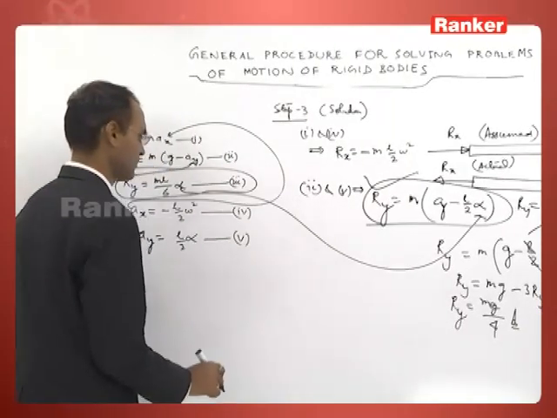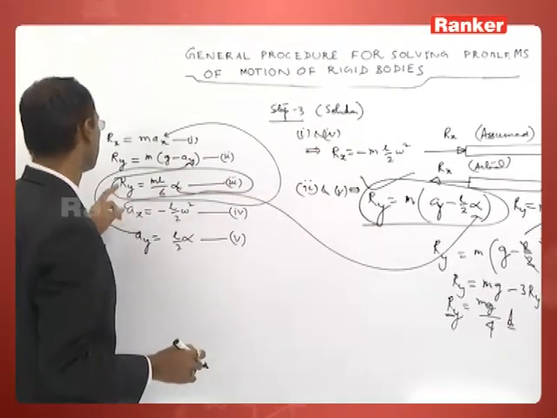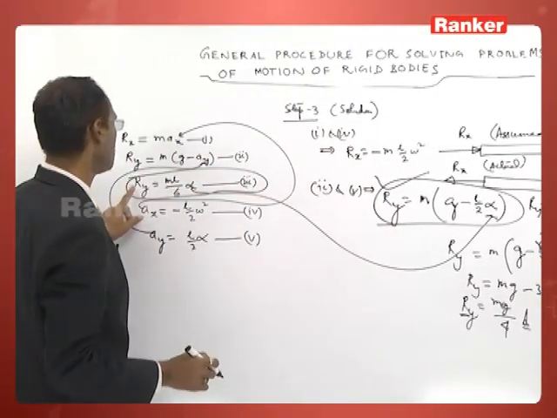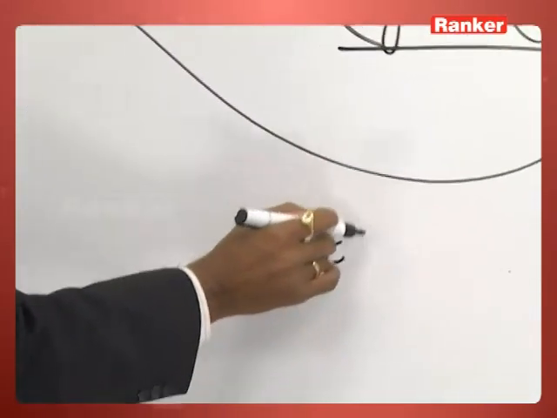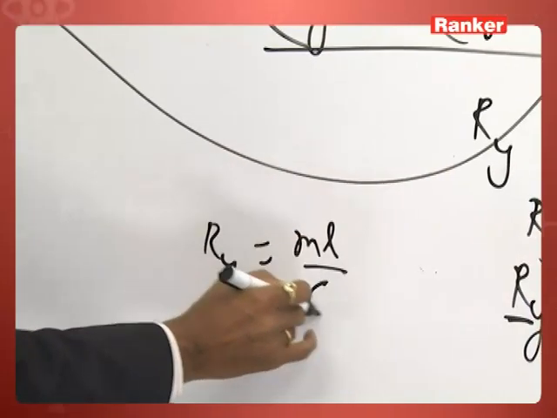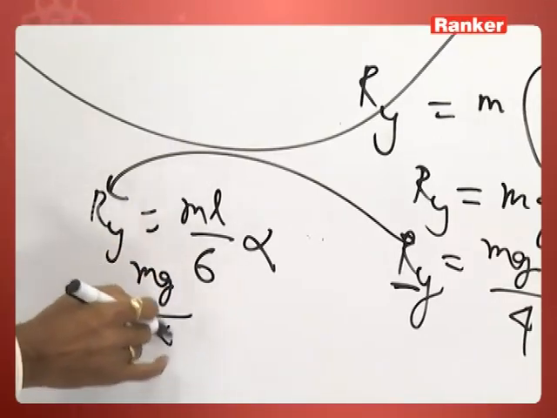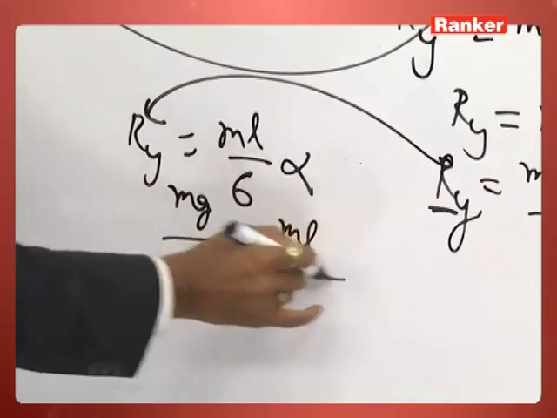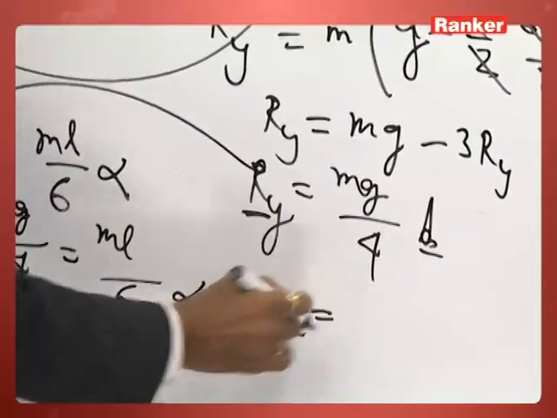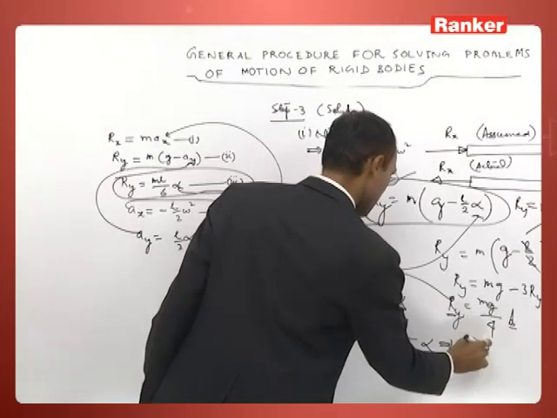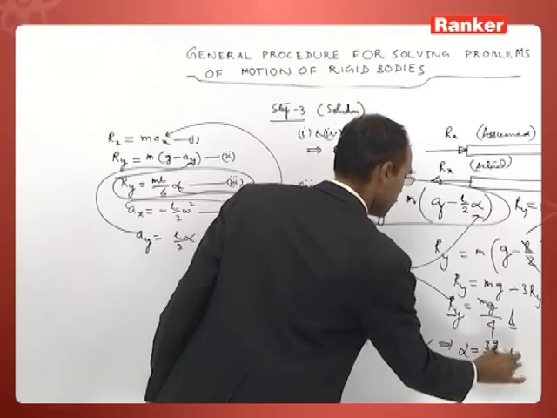Well, when you substitute the value of Ry in this equation number 3, Ry is equal to m L by 6 into alpha. You substitute the value of Ry here, that is mg by 4 is equal to m L by 6 into alpha, and here we are getting alpha is equal to 3 by 2 g upon L, answer.